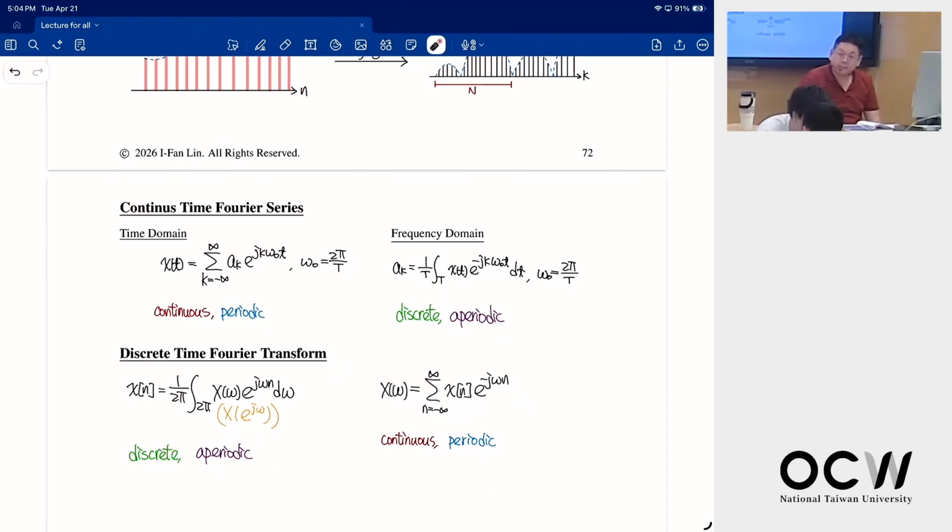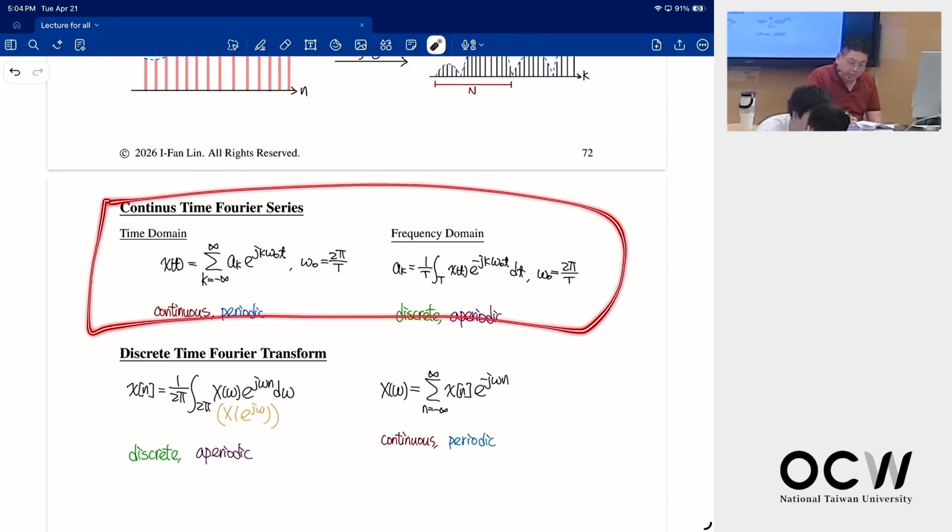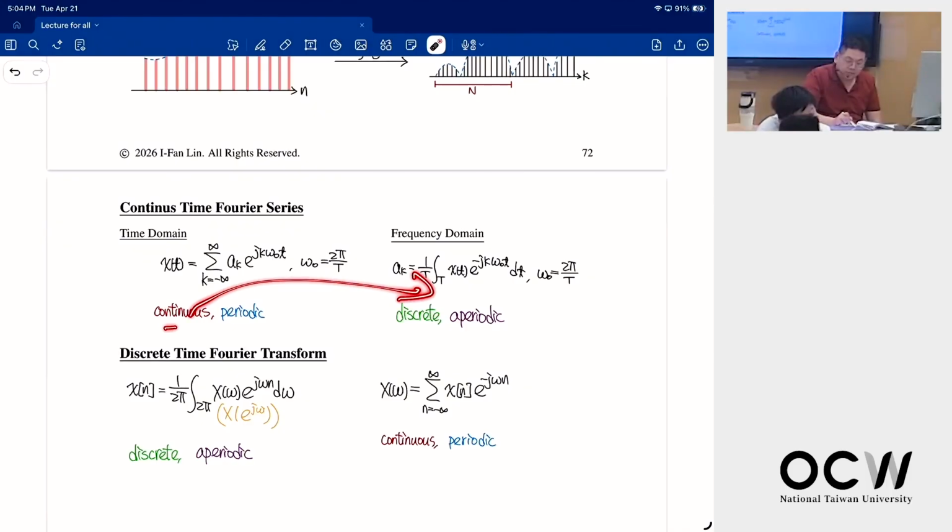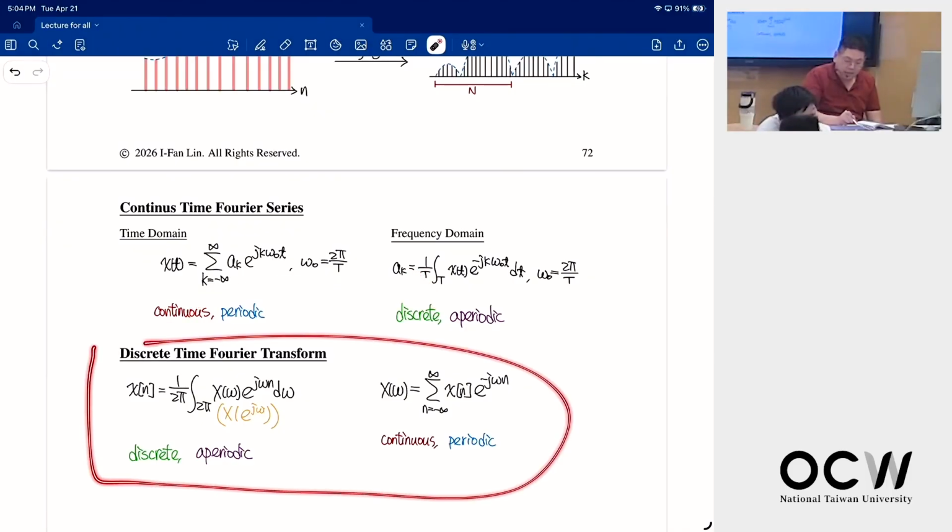Okay, for continuous time Fourier series itself, there is no duality because you are going from continuous to discrete. In discrete time Fourier transform, you are going from discrete to continuous. So you cannot just do the discrete time Fourier transform again.